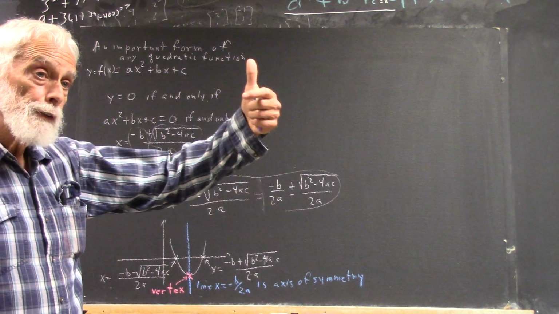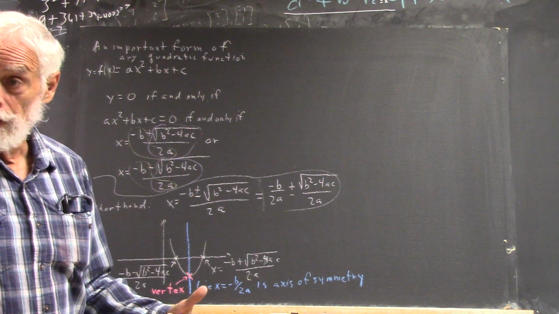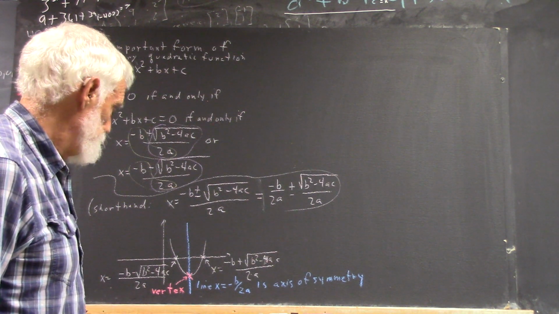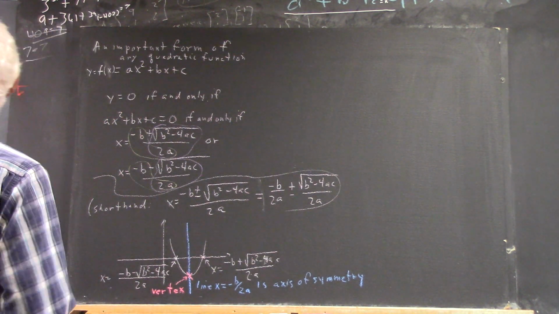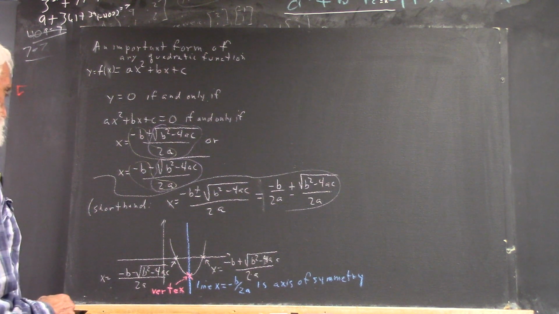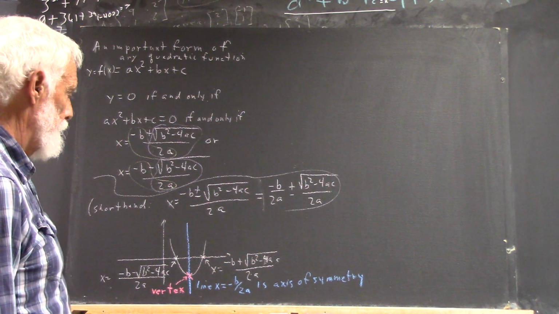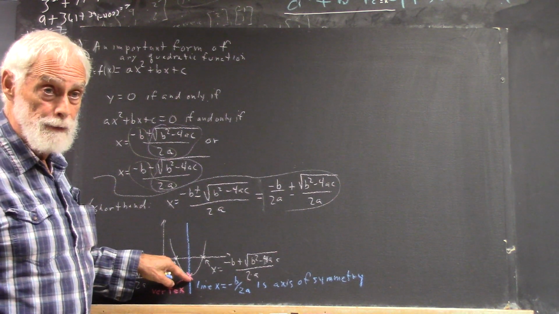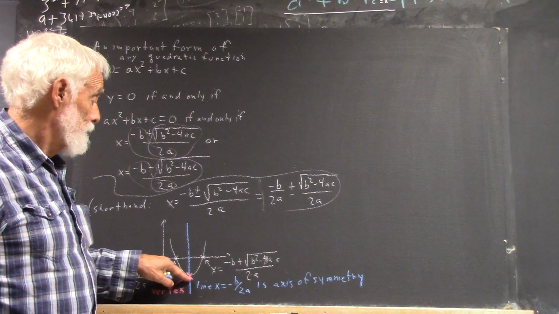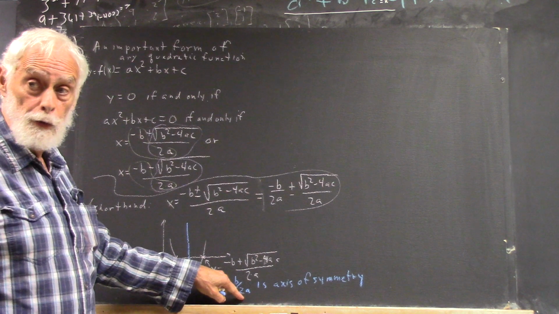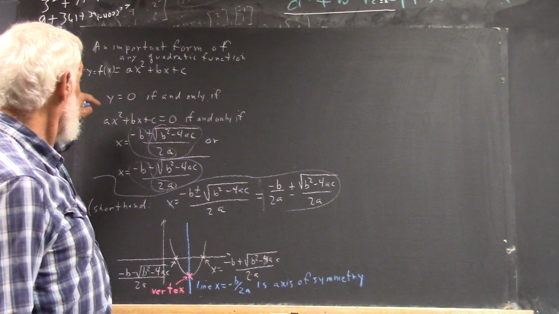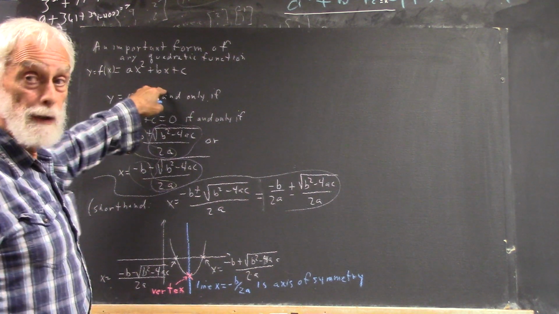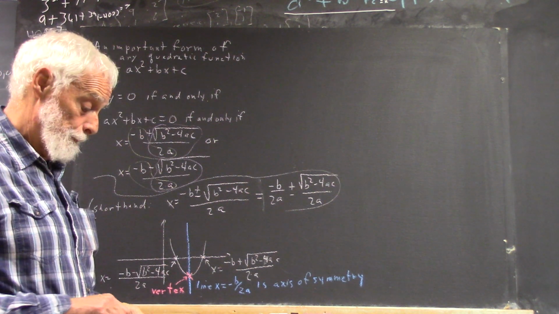It's either the highest or the lowest point on the graph. Okay? To find the coordinates of the vertex, you just let x equal negative b over 2a and plug that in up here, and it tells you what y is. Okay?